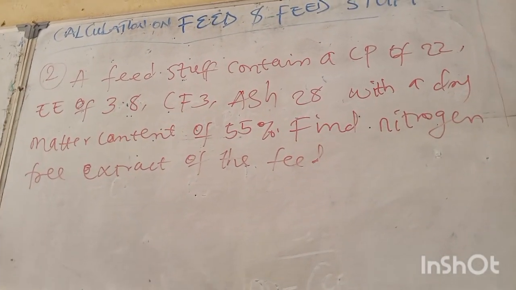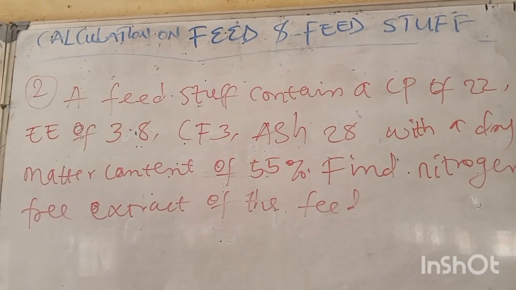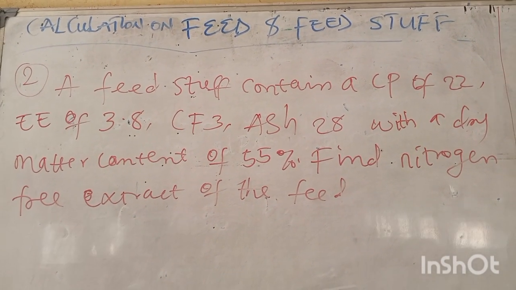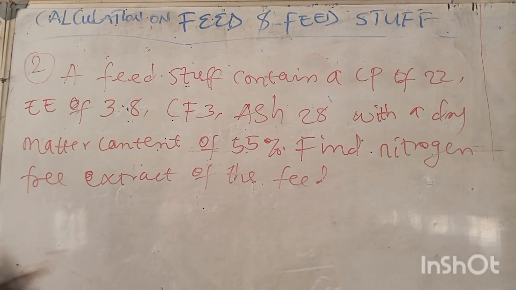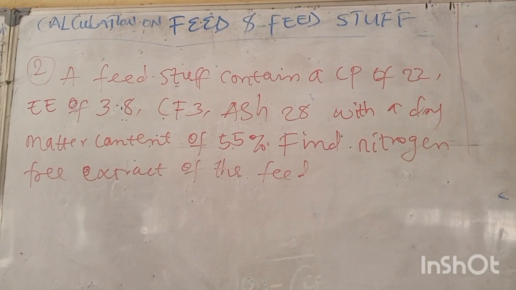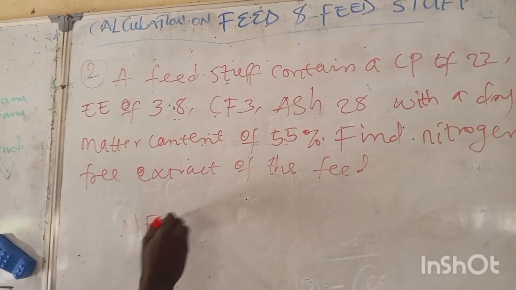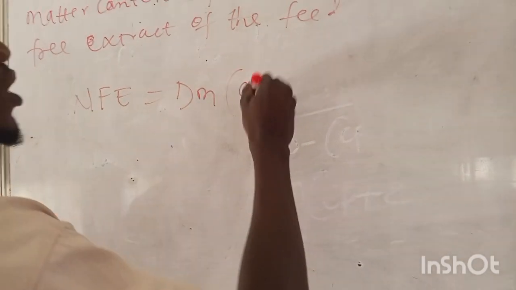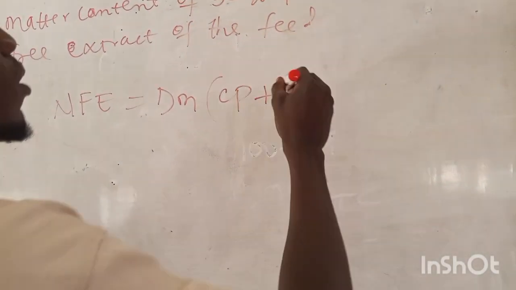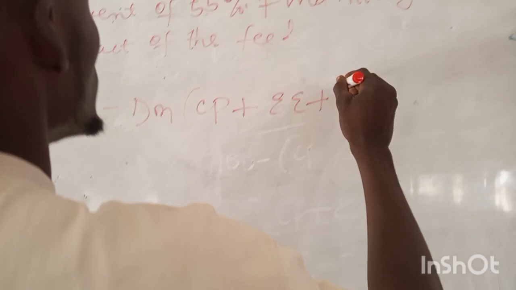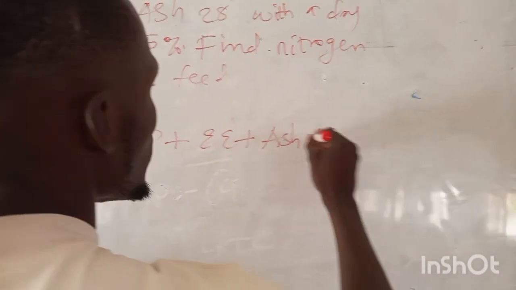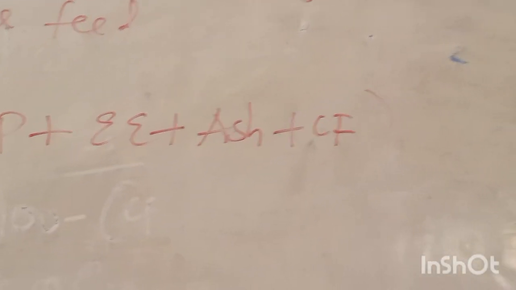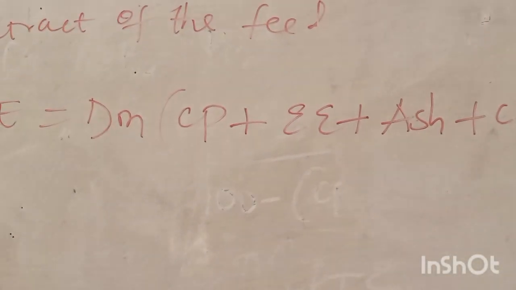So looking at this question, we can all see that there is a value for a dry matter content. That simply means we are going to be using the second formula in calculating proximate analysis, which is NFE is equal to DM, open bracket, CP plus EE plus the ash plus CF. Now, how do we do that?